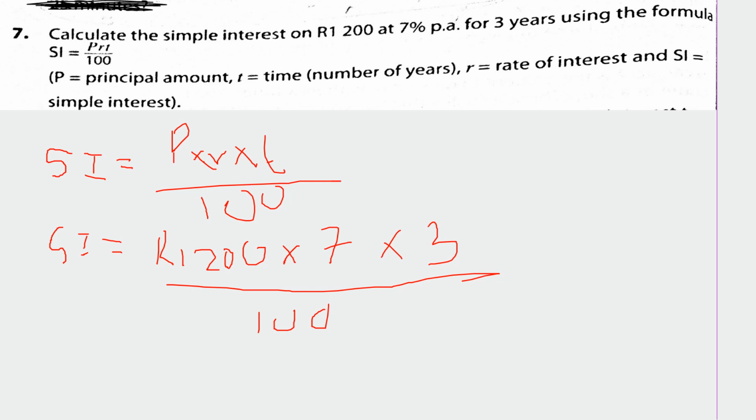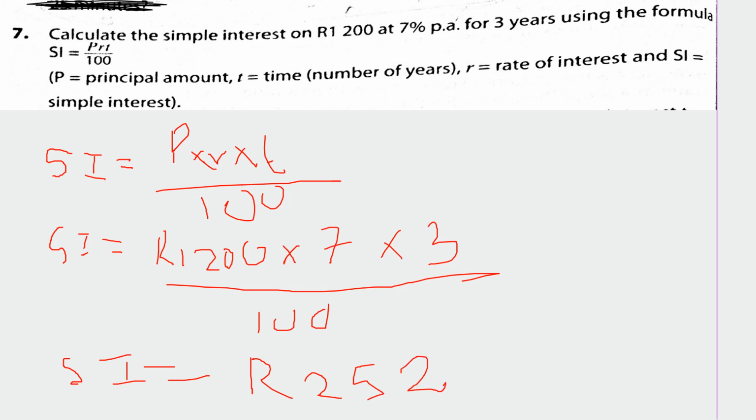So the simple interest that will be earned by investing your 1,200, let's put into the calculator, 7 times 3, all divided by 100. So it's going to be 252 rands.